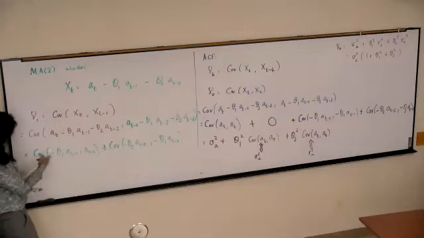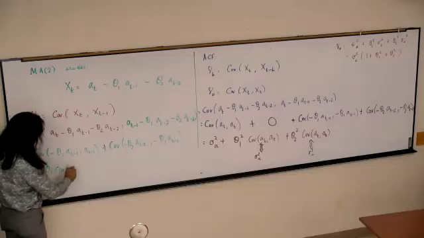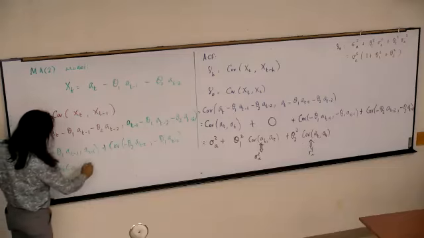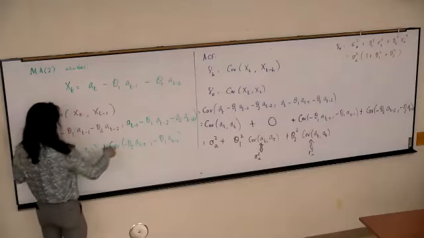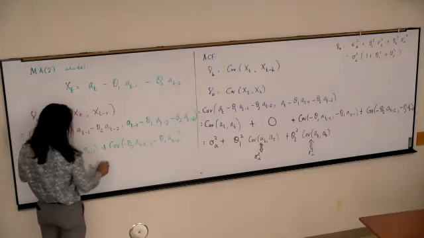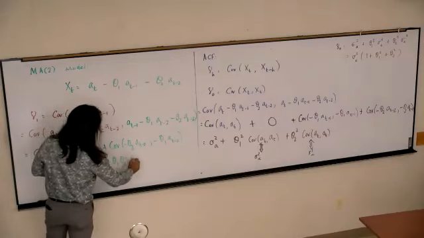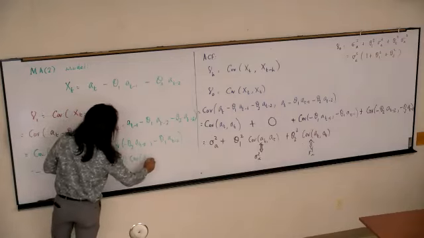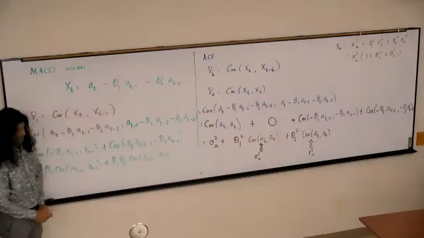Theta 1 comes out with the negative, so it becomes negative theta 1 covariance a_t minus 1, comma a_t minus 1. Negative theta 2 comes out, so you have theta 1 theta 2 covariance a_t minus 2, comma a_t minus 2.